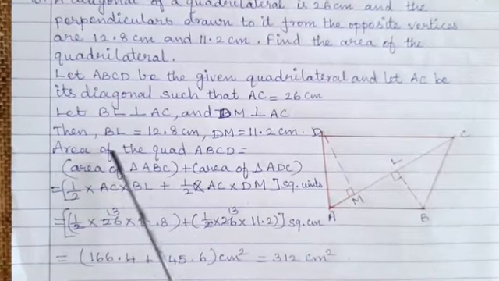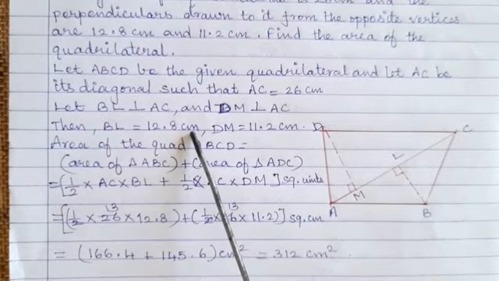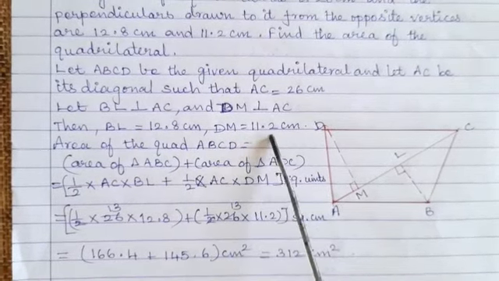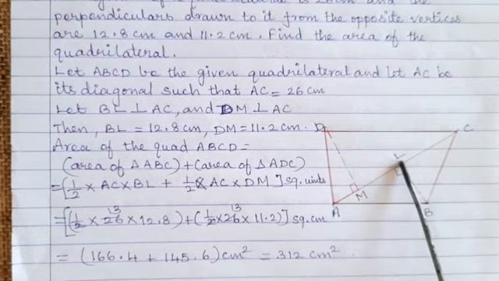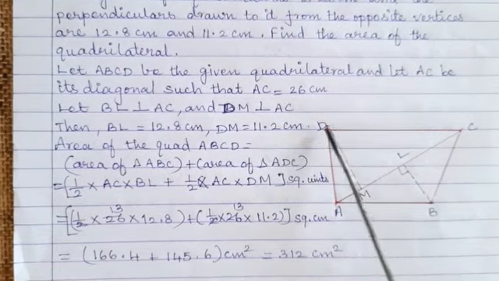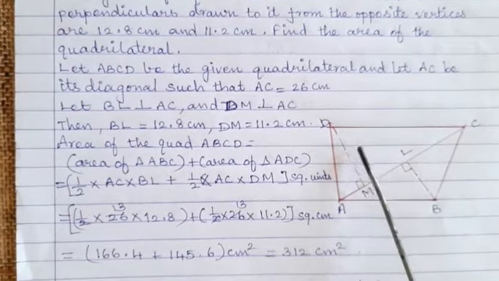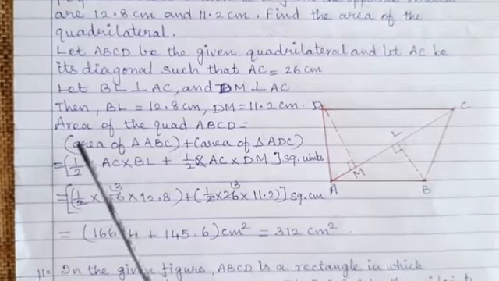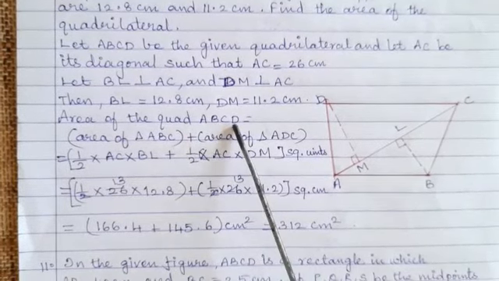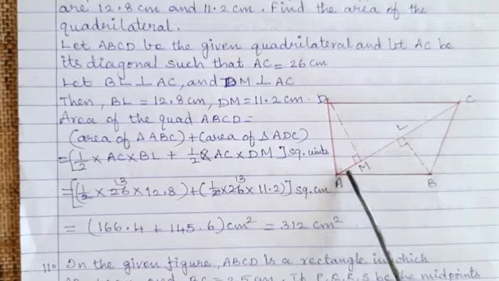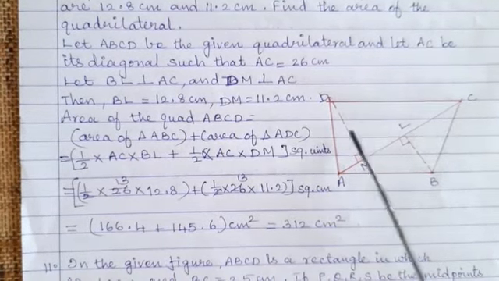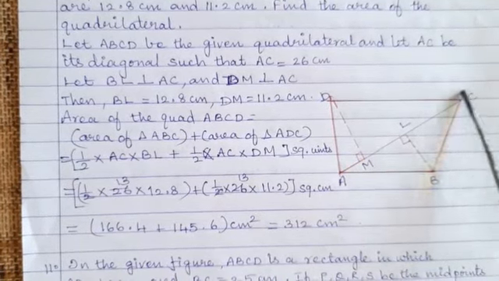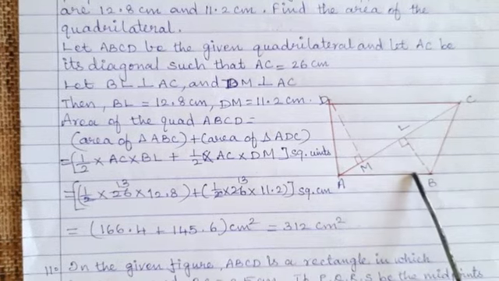Now the length of BL equals 12.8 centimeter, DM equals 11.2 centimeter, it is given. Now the area of the quadrilateral ABCD. Here in the figure you see that this diagonal AC divides the quadrilateral ABCD into two triangles.